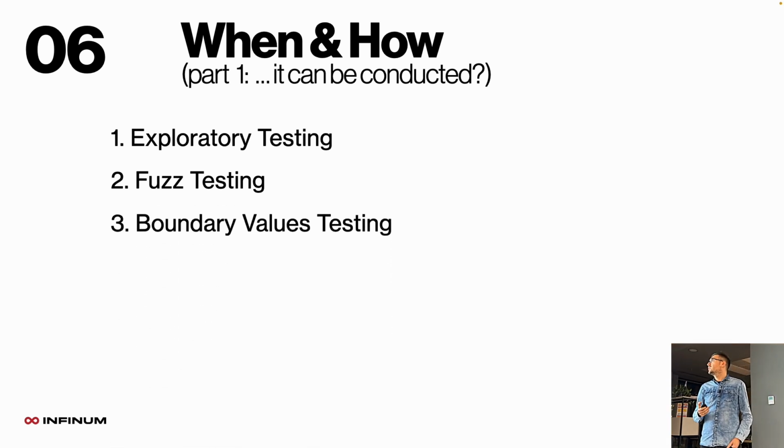The third thing is boundary values. How? Again, manually and automatically, by providing input values. Let's say we have a form with multiple fields, and those fields are limited by characters.